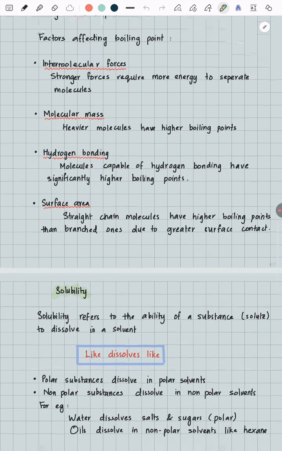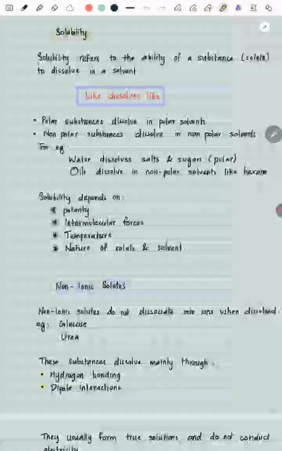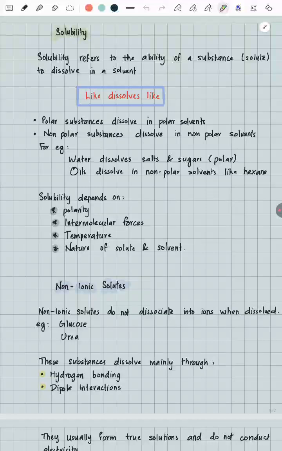Now, let us move to solubility. Solubility is the ability of the substance to dissolve in a solvent. A very important principle here is that like dissolves like. This means polar substances tend to dissolve in polar solvents and non-polar substances dissolve in non-polar solvents.